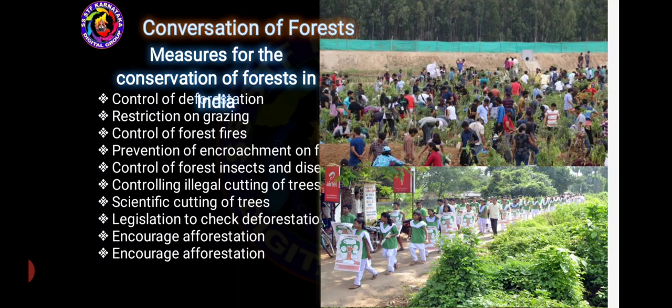Controlling illegal cutting of trees. 7. Scientific cutting of trees. 8. Legislation to check deforestation. 9. Encourage afforestation. The last, 10th one, creating awareness among the people about the importance of forests.